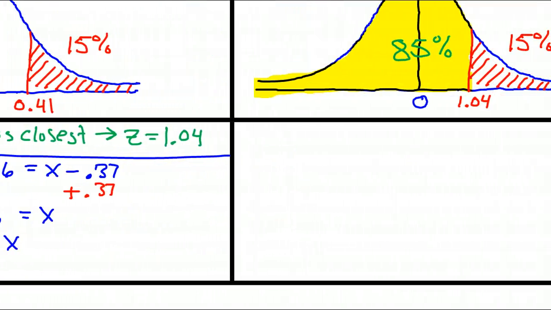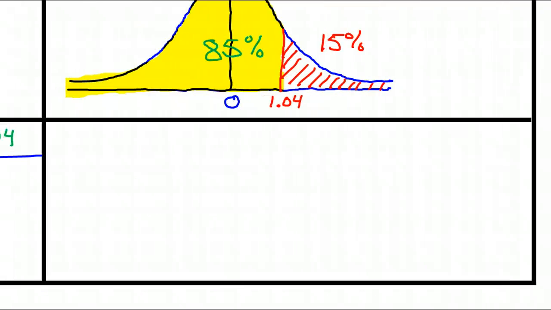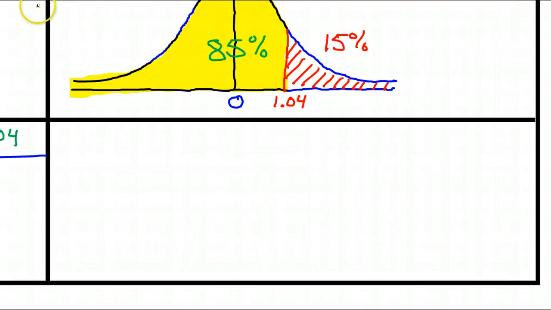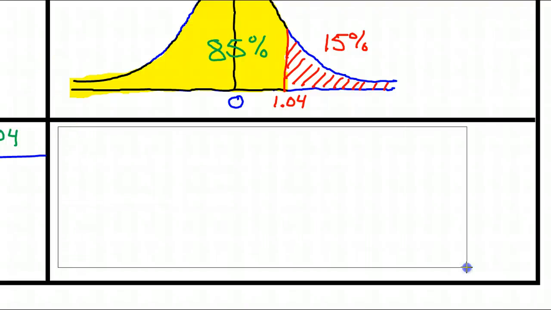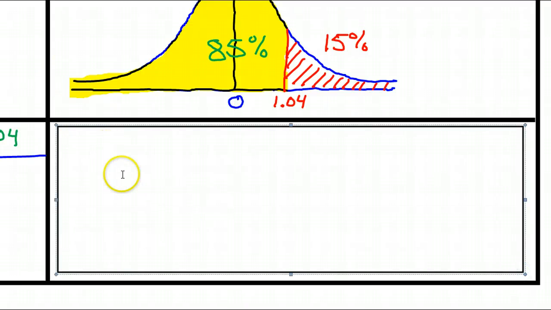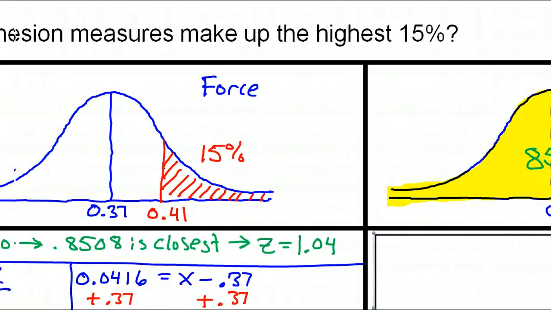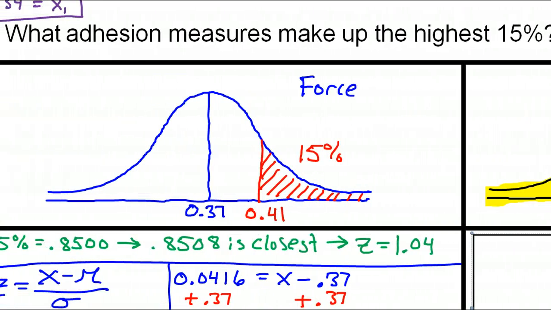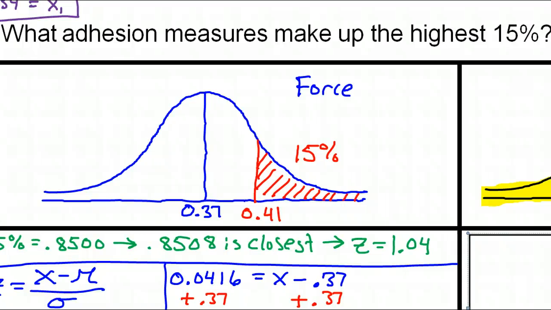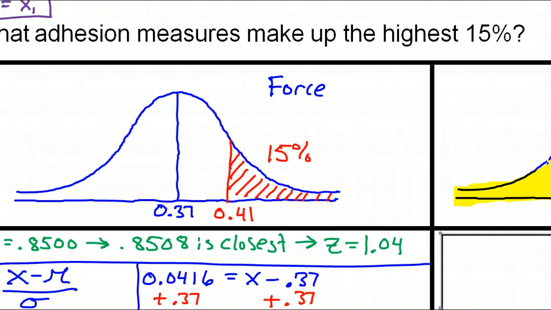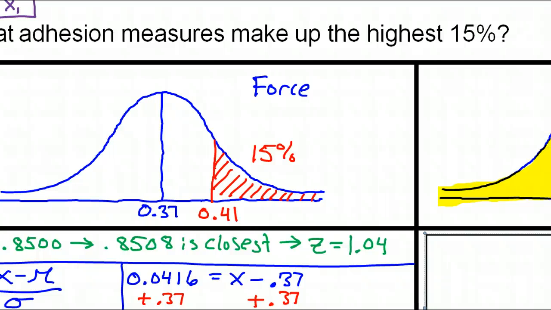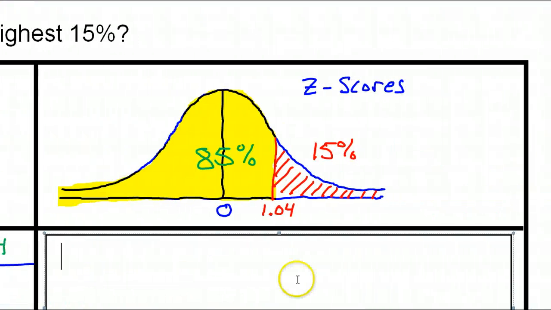So let's go ahead and answer the question as a complete sentence in this area right here. First, I will look back at the question, and I will incorporate the question in my answer. So, what adhesion measures make up the highest 15%? Let's see.